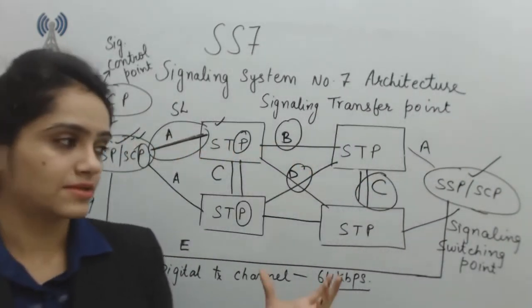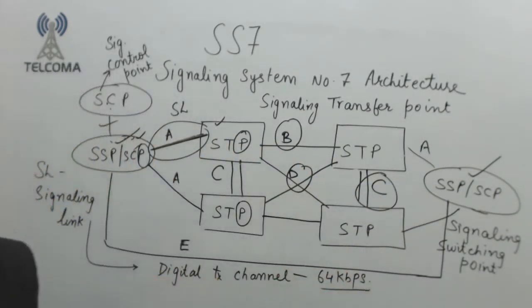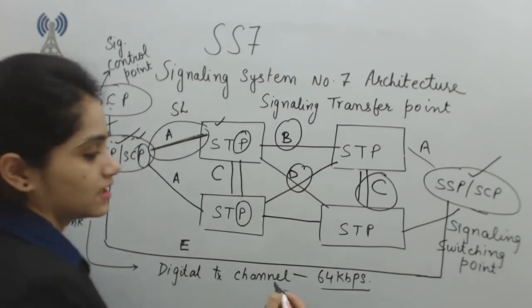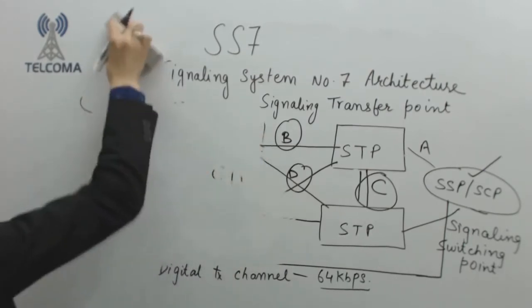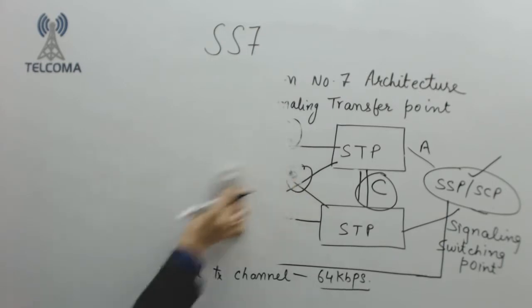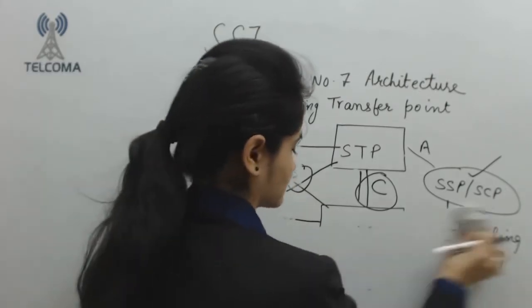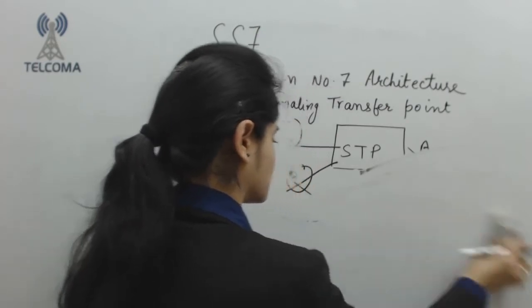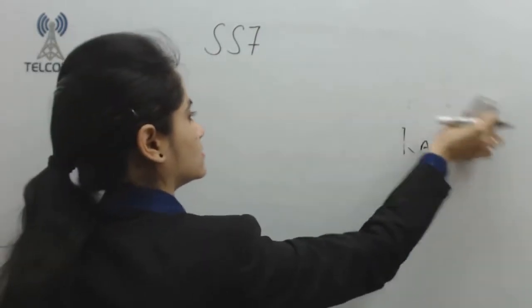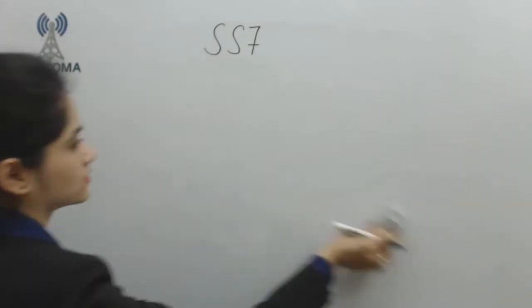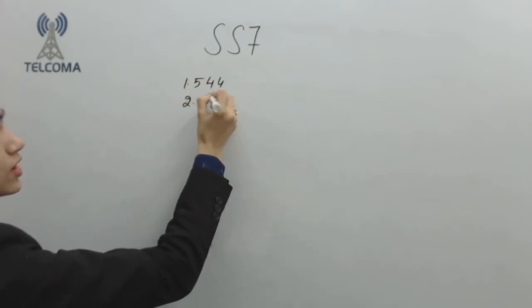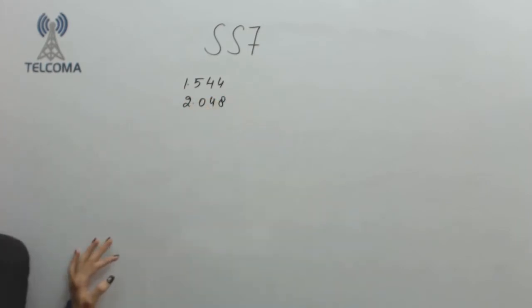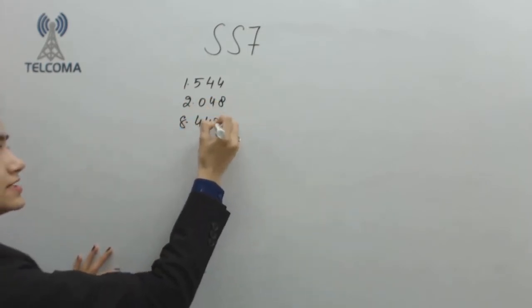If we require a higher rate, we multiplex them together so that we can have rates of 1.544, 2.048, then 8.448 Mbps.